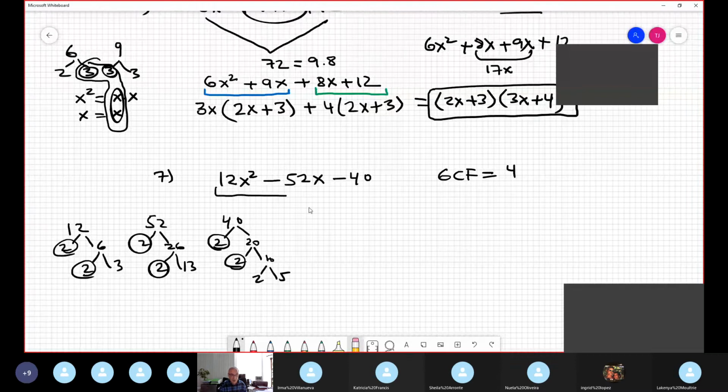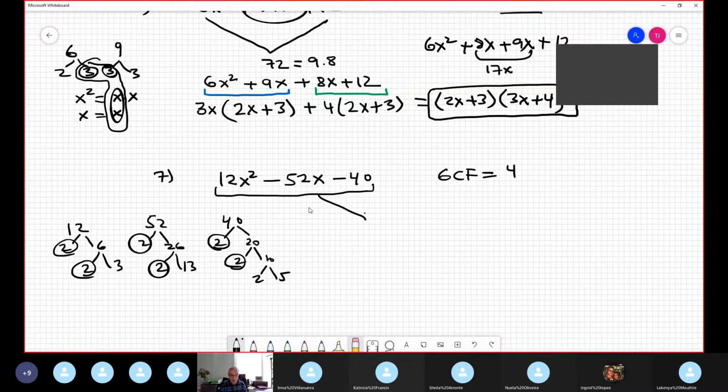Now using the GCF, I convert this horrible trinomial into another, nicer trinomial. When you factor out 4, you have 3x squared. Look, when you factor out these 2 and these 2, 4 goes out, and this 3 stays.